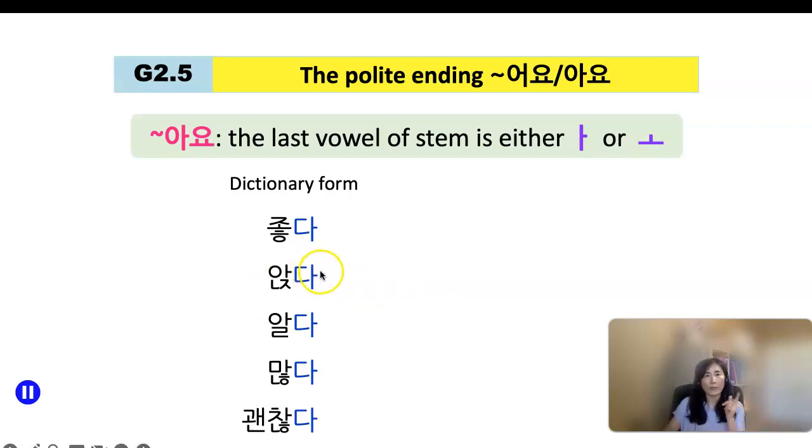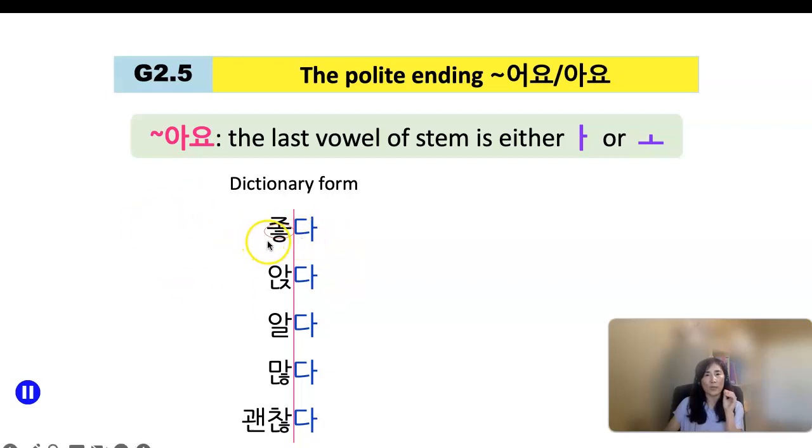And then, next step, what was the next step? You look at the last vowel of the last syllable. So for the first one, 좋다, what is the stem? 좋. And then you see the O sound in the last syllable of the stem.